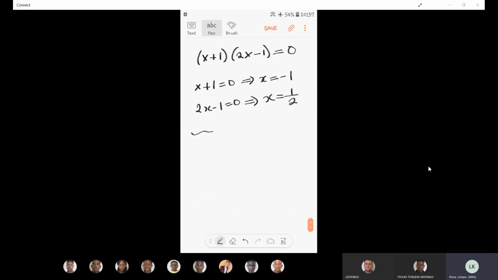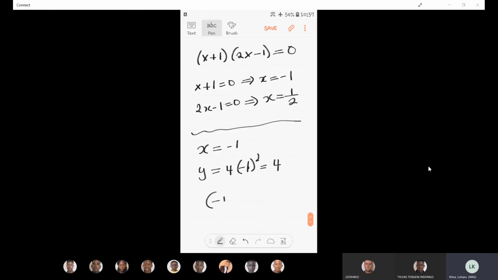Okay, then we solve for y. So when x is equal to minus 1, we know that y is equal to 4 times x squared. So 4 times minus 1 squared is just equal to 4. So the first solution is minus 1, comma 4.